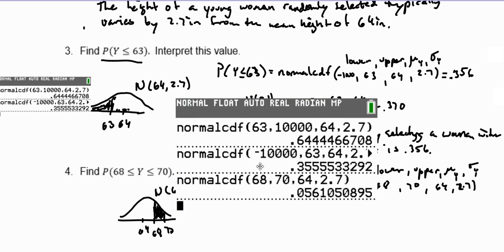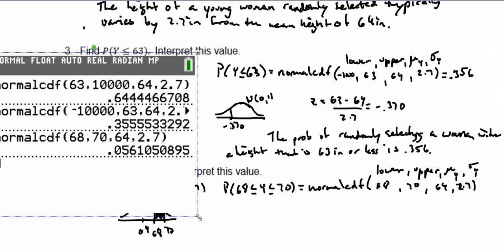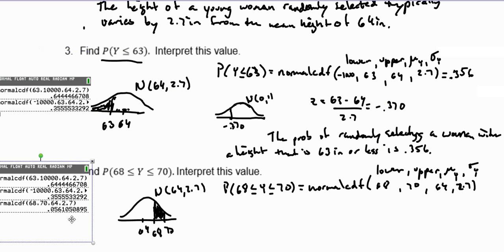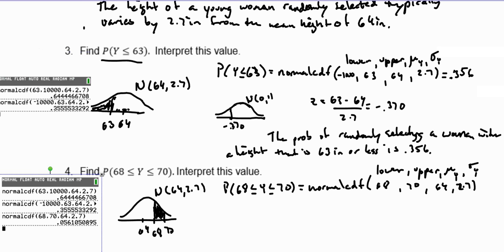And our value that we're looking for now, all right, is that one. And we found this value to be 0.056. So what do we find?